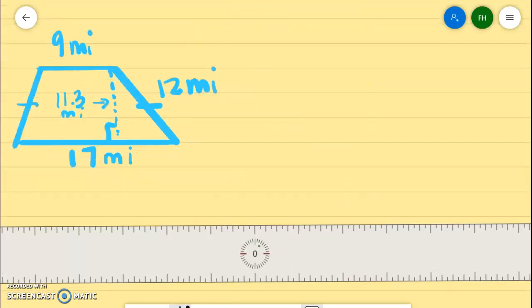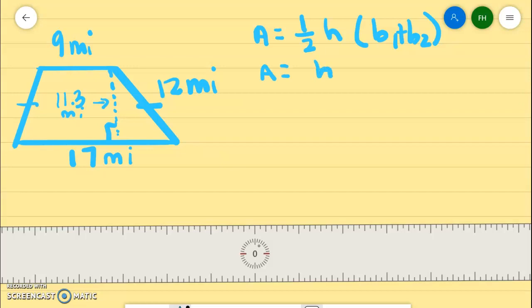Okay, we're still doing area here, and so we want to find the area of a trapezoid, which is 1/2 height times base 1 plus base 2, or height times base 1 plus base 2 over 2.